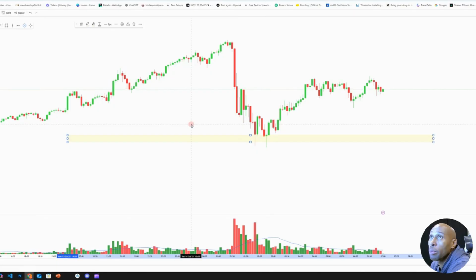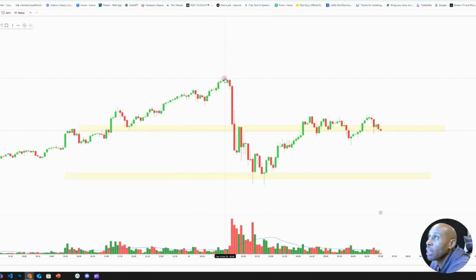So another example, okay, so let's say this particular area here seems that it has found resistance. Price was moving upward, price came here and it stalled. One candle, two candle, three candle. Now the bodies of these four candles, they're about even.